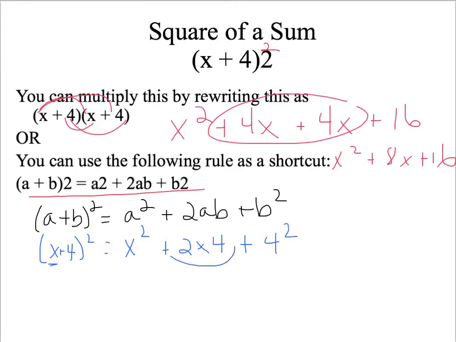So in the middle I have 2 times 4 times x, which is 8x. 4 squared is 16, plus x squared. It's just a little shortcut that says you can just multiply in the center 2 times a times b, and square the outsides.